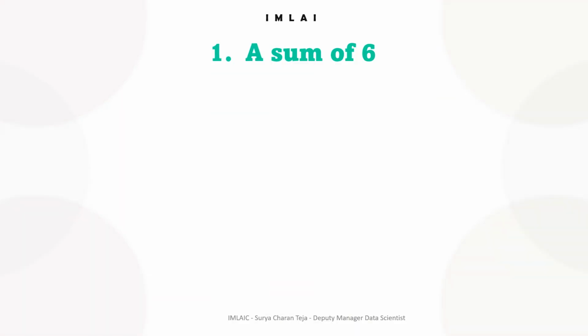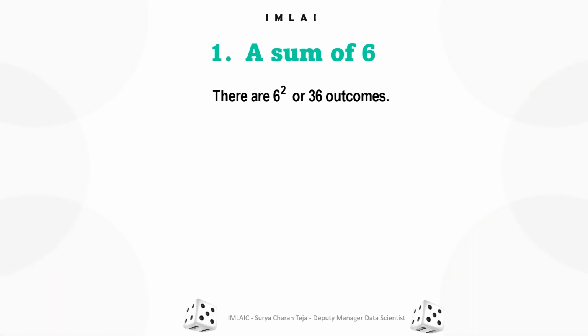A sum of 6. What's the probability of an event which gives a sum of 6? In total, how many outcomes do we have? I'm not just talking about the simple events, all are compound events here.